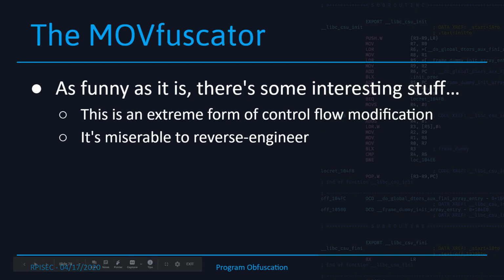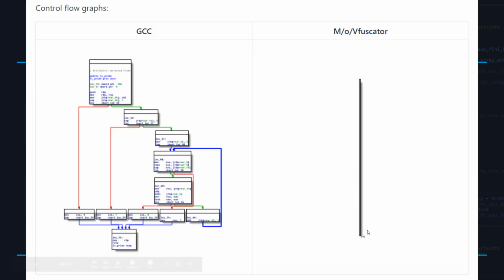However, it does enable some very effective control flow manipulation. It's absolutely miserable to reverse engineer this. You look at this, it is literally just a long string of moves. There's nothing to look at. If you were a reverse engineer and you opened up IDA, and it looks like this, you're just going to give up and get a new career.